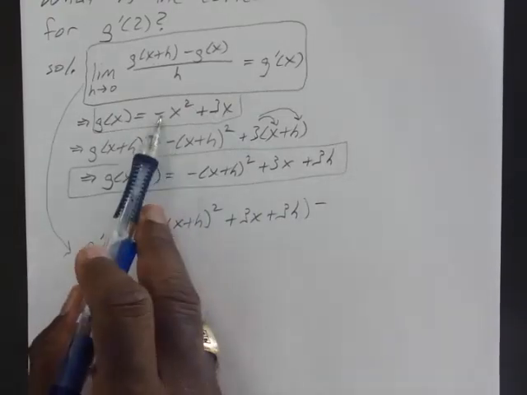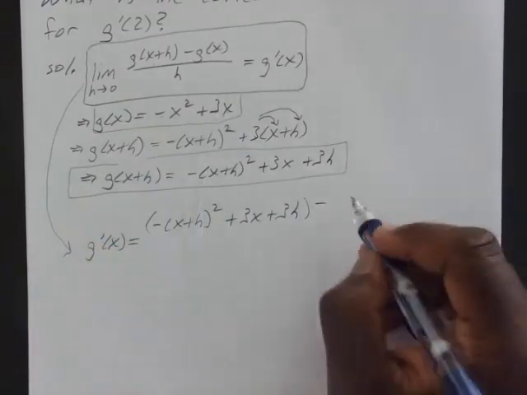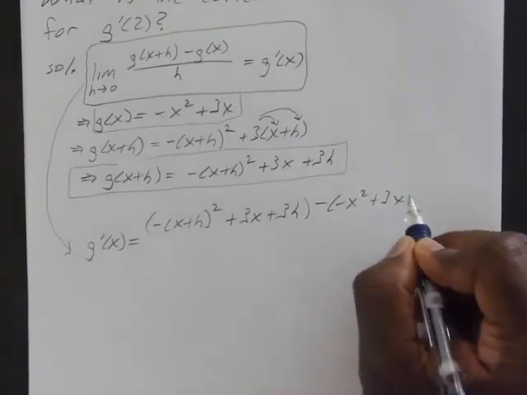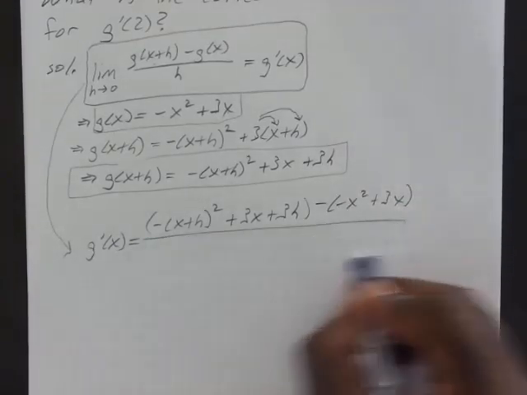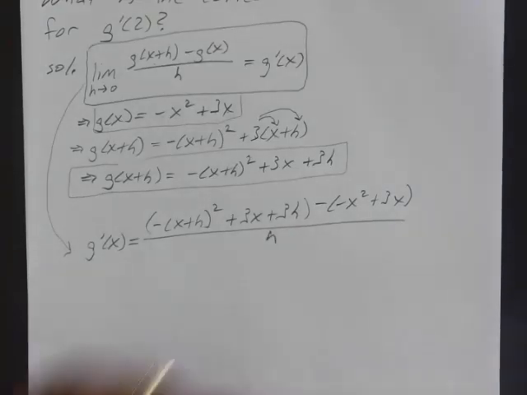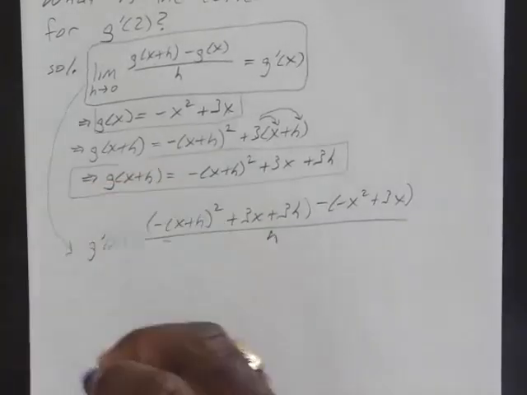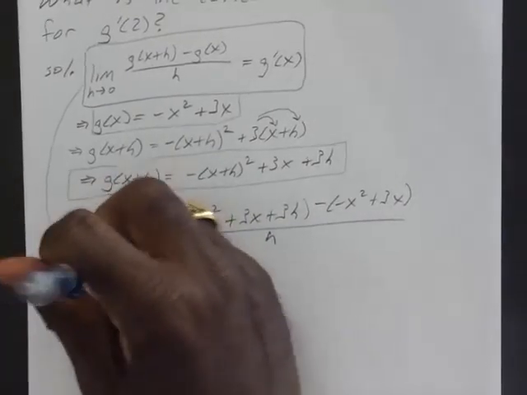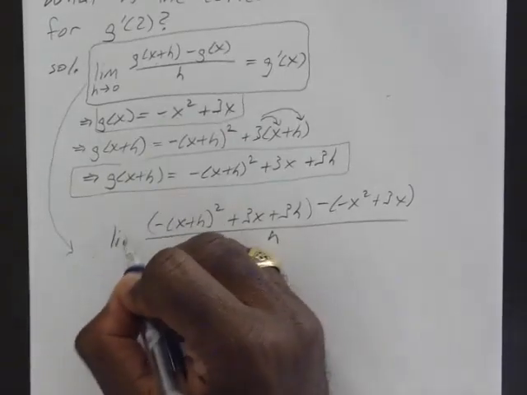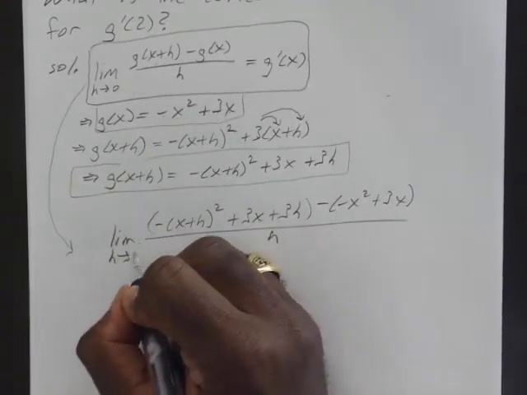So that's minus negative x squared plus 3x, all divided by h. Oh, forgot my limit, which is really easy to do. So it should be the limit as h approaches 0. There we go.